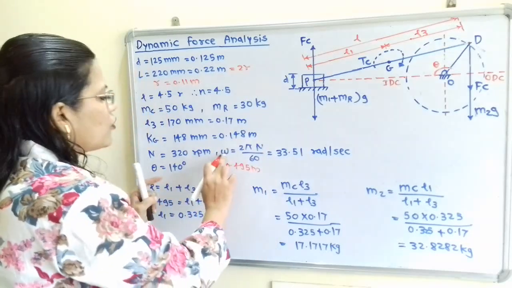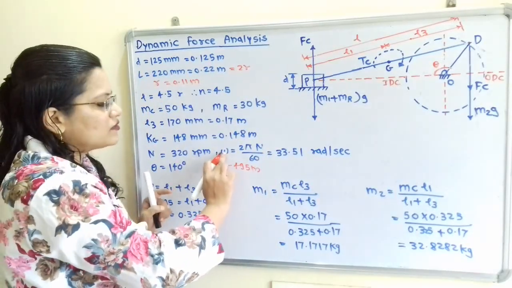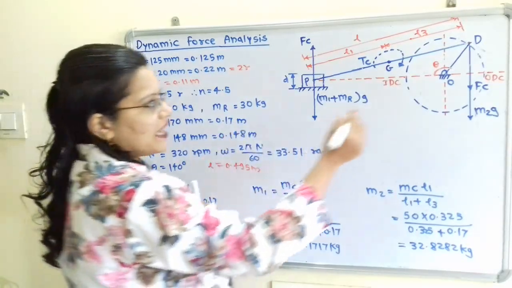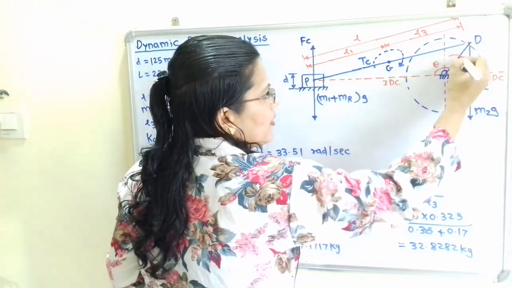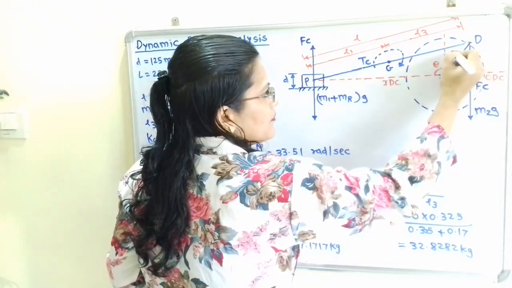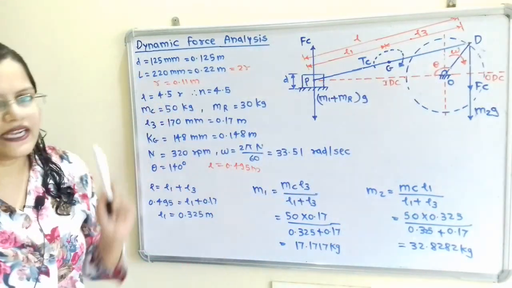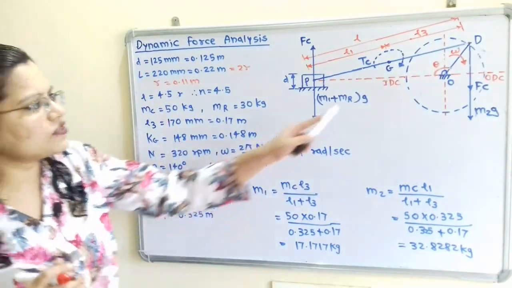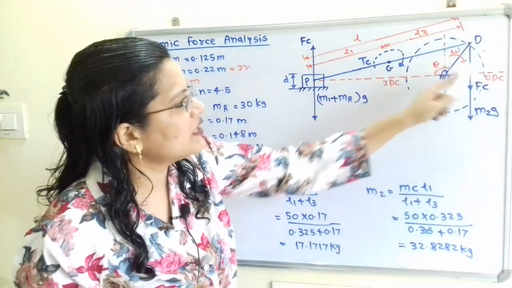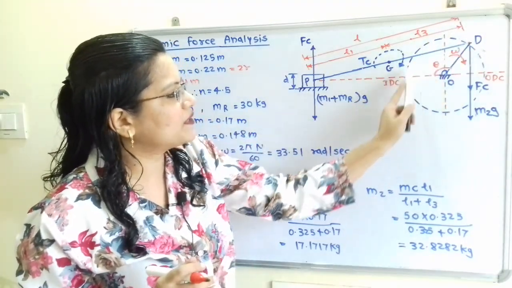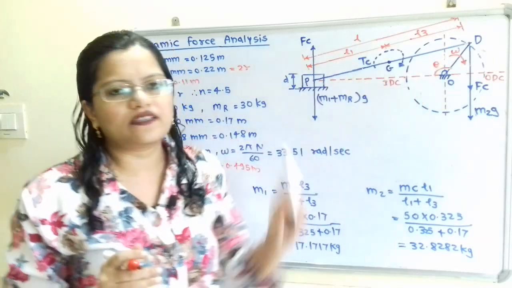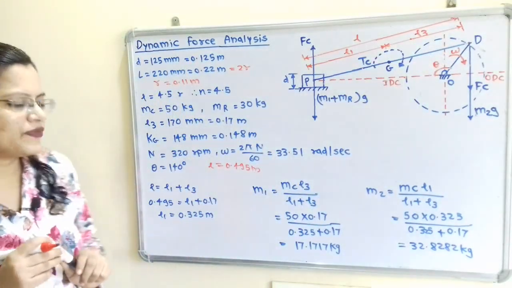So the direction for omega, that is angular velocity, is in clockwise direction. So I will show here in the diagram. This is shown by the given data, because it depends on the direction of rotation of this crank, from inner dead center to the outer dead center.